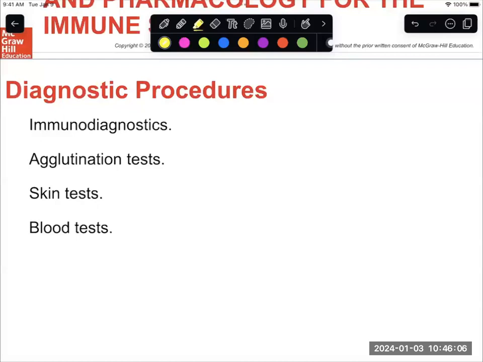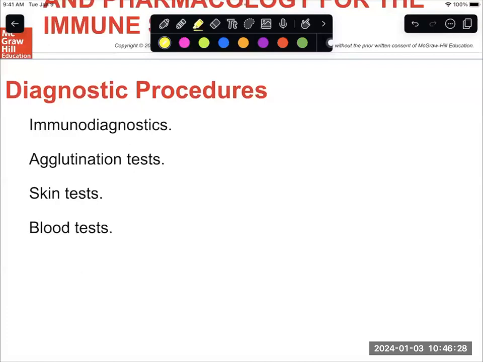Agglutination tests utilize particles such as latex beads that have been coupled with an antigen or antibody. If the corresponding antigen or antibody is present, clumping or agglutination occurs.